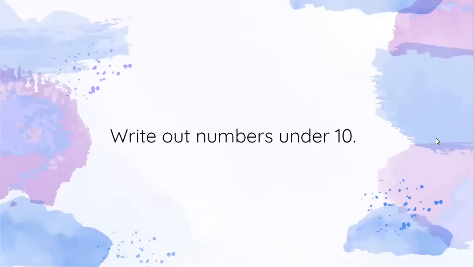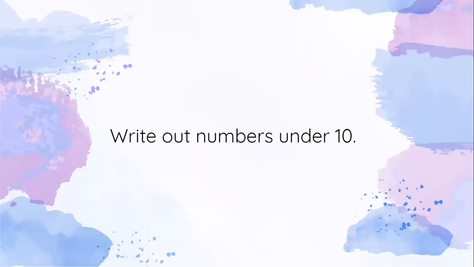Okay, so the first rule, I actually never really heard of it until I learned this last year. You should always write out numbers under 10. So in any piece of writing, any essay, if you need to use a number, you might just put the digit, like 1 or 2, but you're actually supposed to write them out.